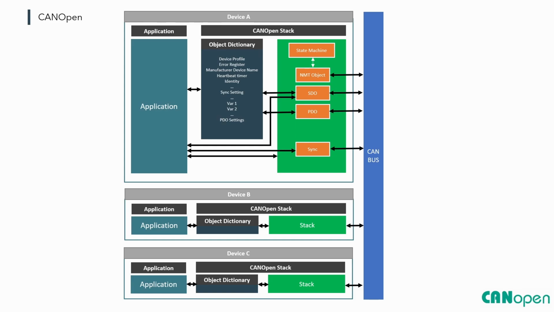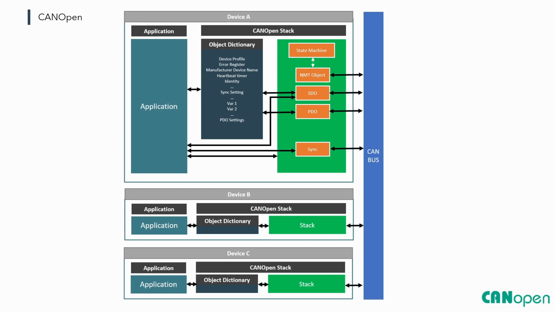But as I said, CANOpen has many more features. For example, the sync feature, which synchronizes all the devices in the network. Again, let's go back to the example that I provided previously. Let's say the central unit, which is the application here, is waiting for some variables from device B and device C, but it's very important for the central application to get this information at a certain point in time.